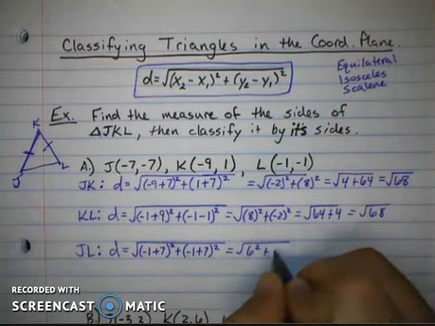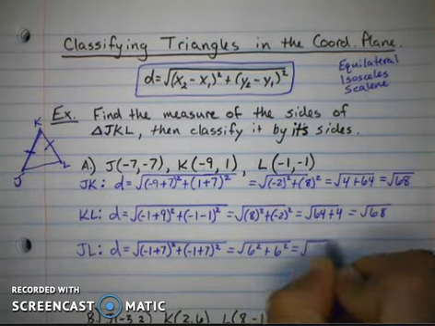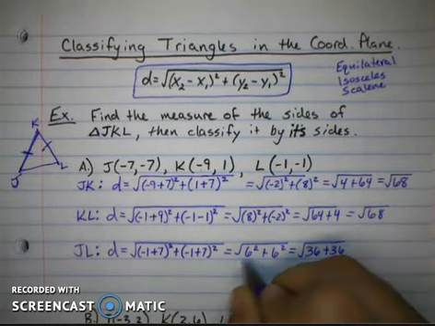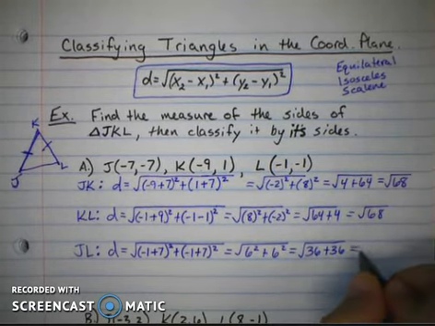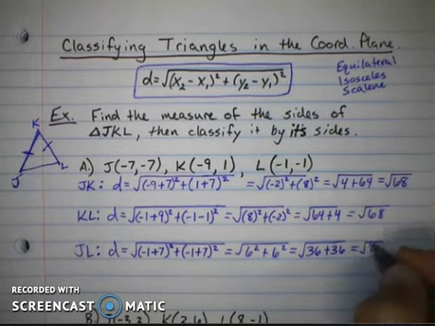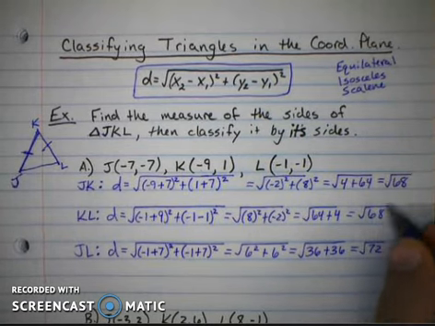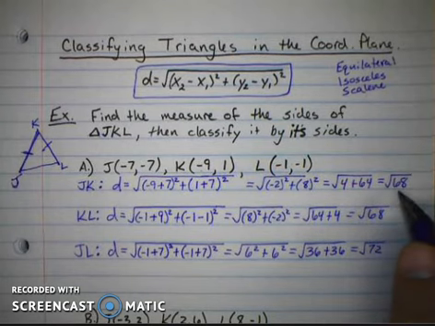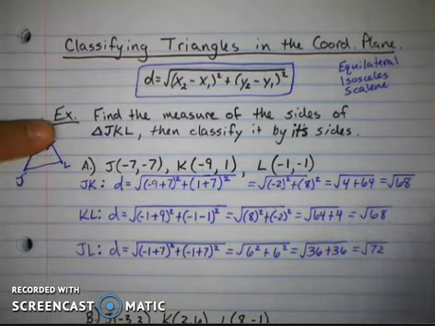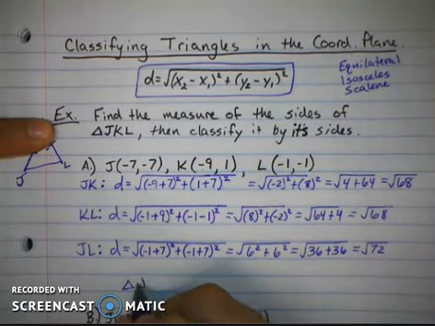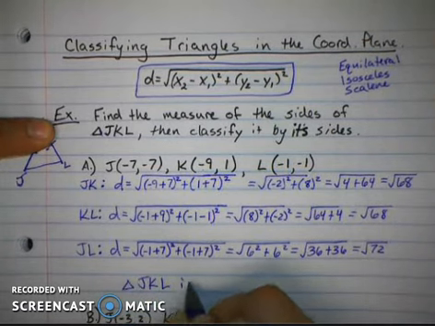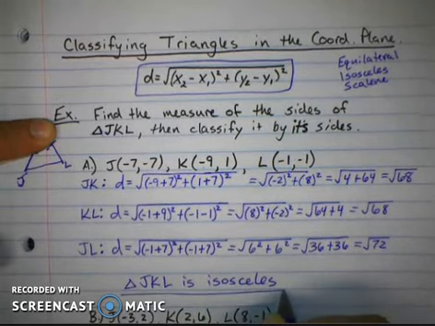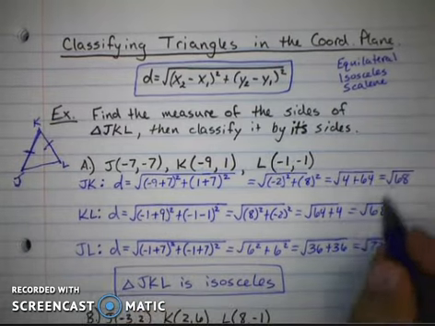Again, -1 plus 7 is 6, there's another 6 squared. 6 squared is 36 for each of these. So if I add those 36's, I get the square root of 72. This is not the same as square root of 68 and square root of 68. So we get a third side that's not the same as the first two. Since I have two congruent sides only, I can say that triangle JKL is isosceles based on those lengths.